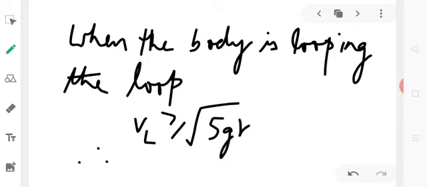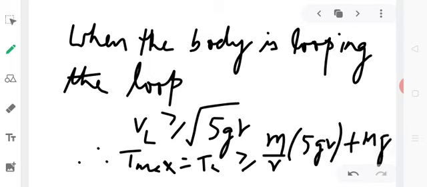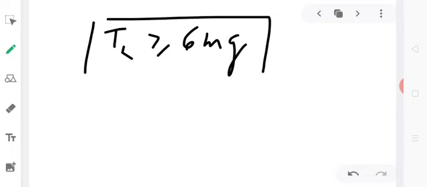So we can write T max, that is TL, to be greater than or equal to m by r times 5gr plus mg. So TL is greater than or equal to 6 mg. This will be the maximum value of tension at the lowest point.